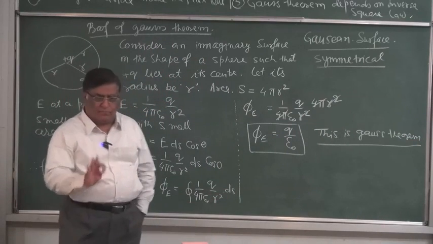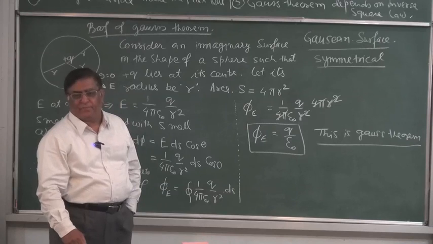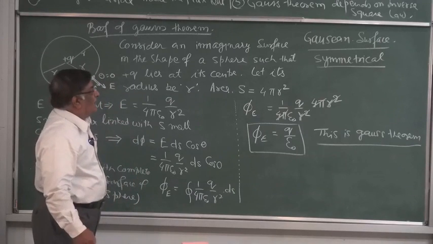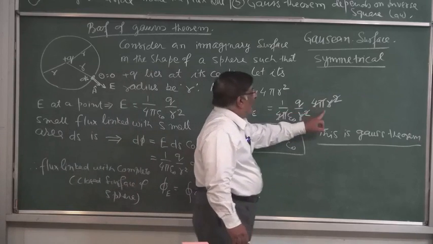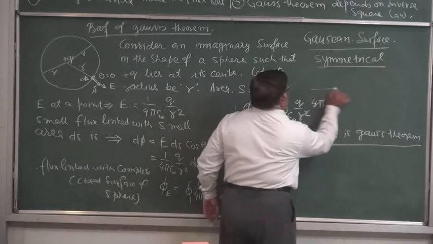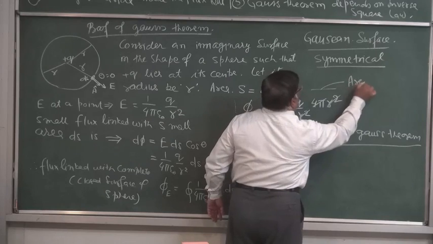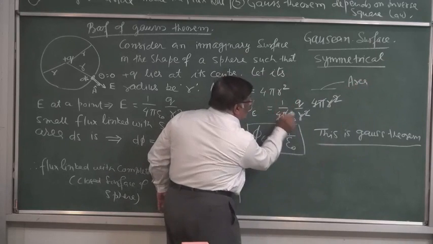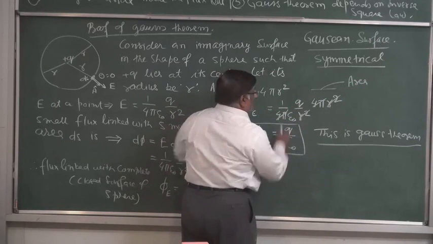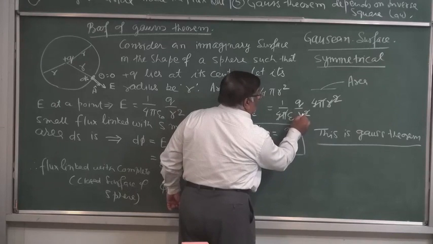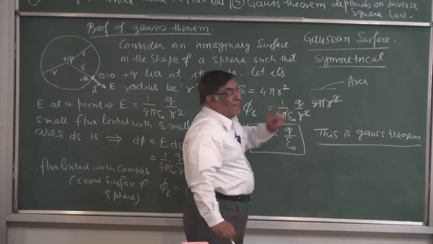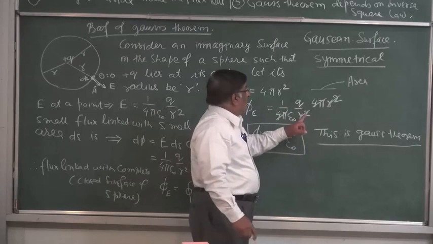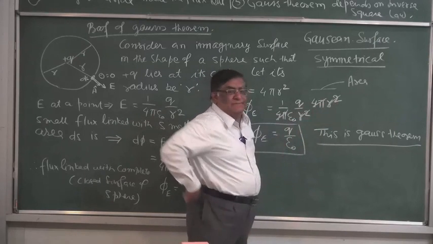Now, write it down. After it is done, remember one thing. This 4 pi r square is what? Area. This 1 upon r square is what? 1 upon r square is the inverse square law. Mathematically, this r square gets cancelled with this.